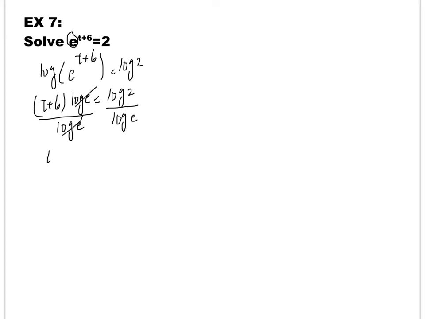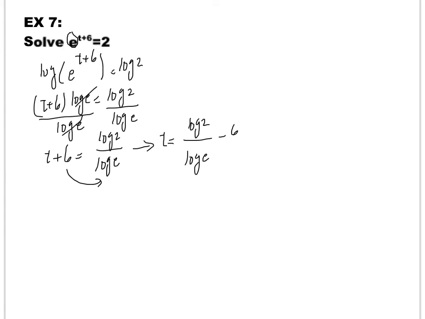I get t plus 6 is equal to log 2 divided by log e, or move 6 to the right, I get t is equal to log 2 divided by log e minus 6, which is approximately equal to negative 5.31.